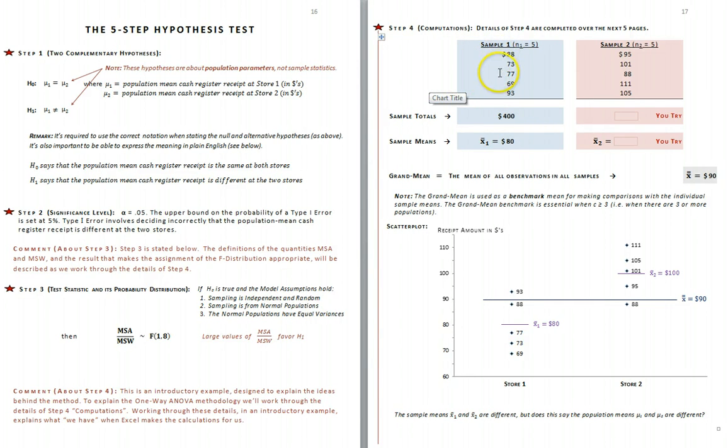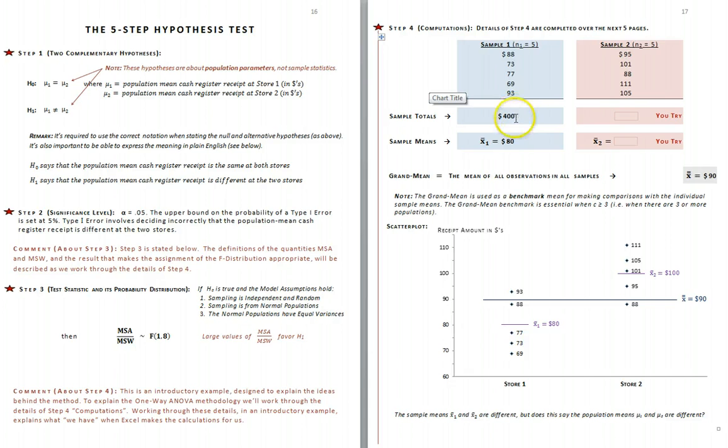Here are the 5 cash register receipts from store 1 repeated. Over here are the 5 cash register receipts from store 2 repeated. I went ahead and calculated the sum of the 5 cash register receipts from store 1, and I've gotten $400.